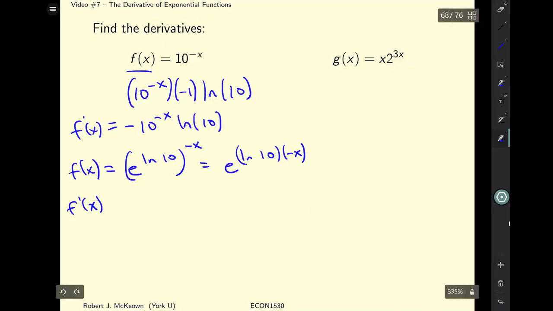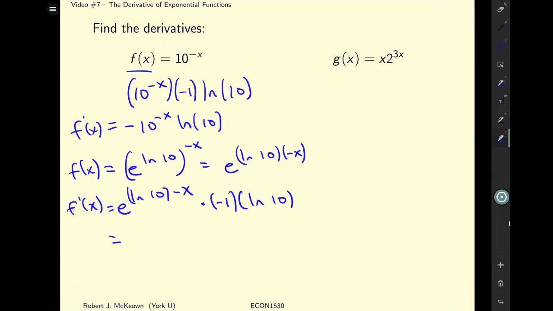We saw that way back in chapter 2 in an ALEX. The derivative of this thing is itself, multiplied by -1, multiplied by log 10.